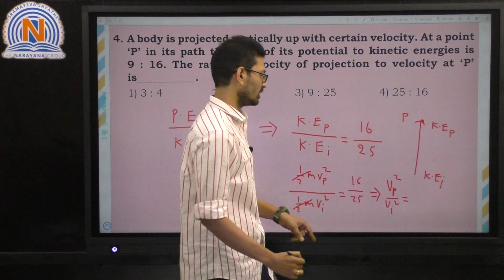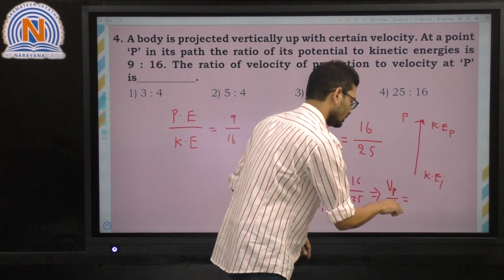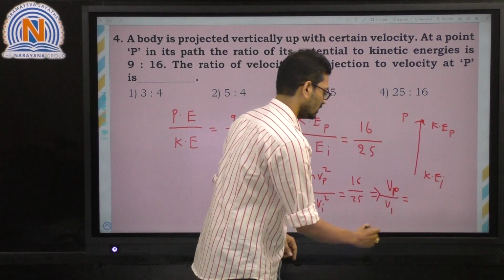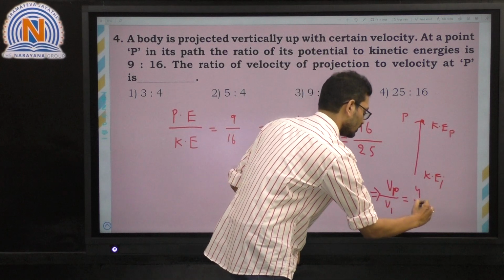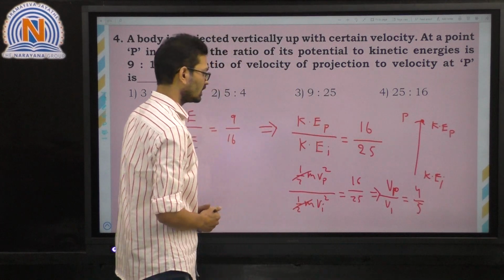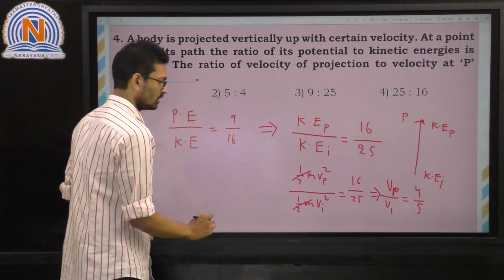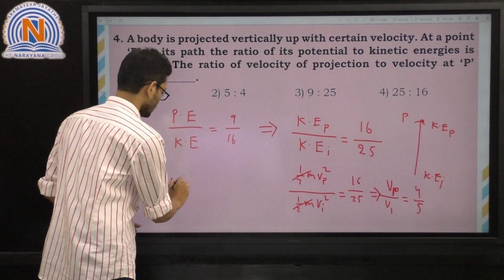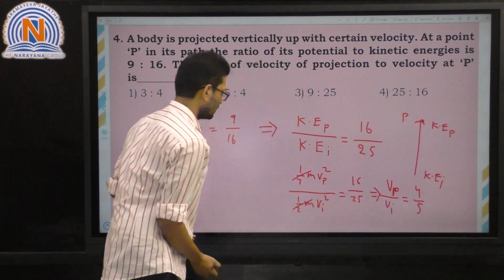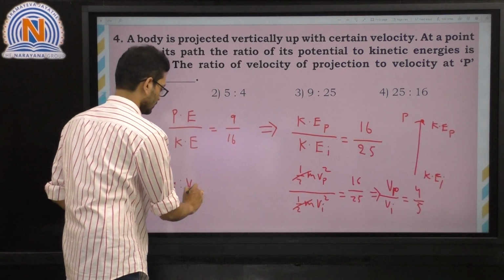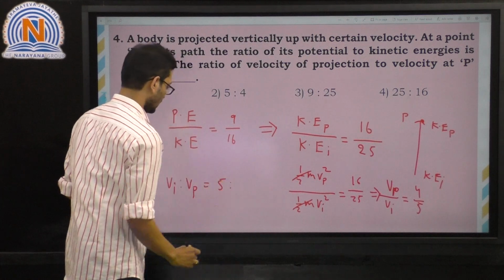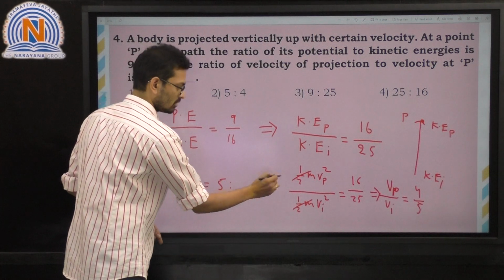If you send the square to the other side, you will be getting 4 by 5. So I want the ratio of vi to vp. That means vi is 5 and vp is 4.